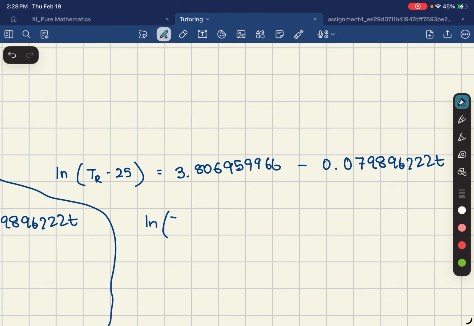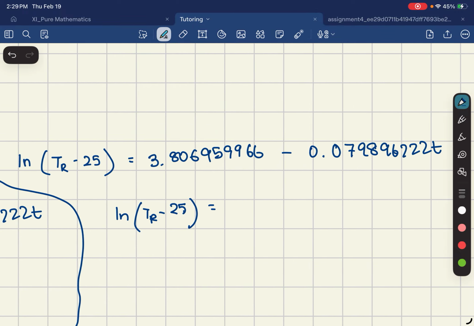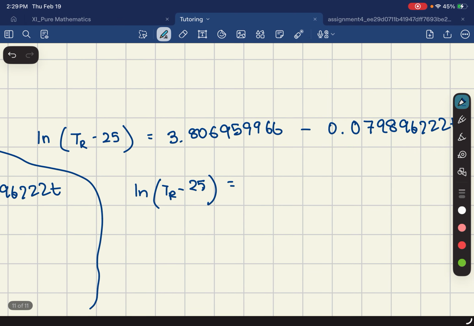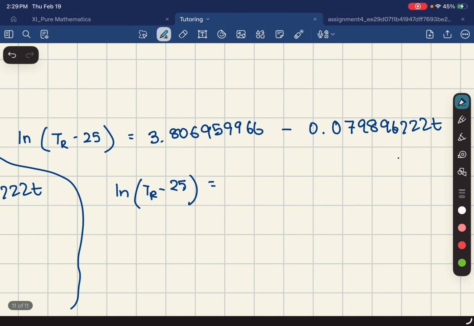So ln TR minus 25, so if you solve this, well, you see that 3.80. So if I put, say, 10 to the power 30 minutes, 0.07989622 times, say, 10 to the power 30 minutes. That is a huge number of minutes. And I want to calculate 3.80, then now I put t is equal to 10 to the power 30 here.